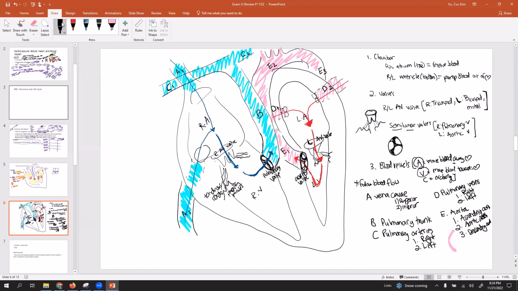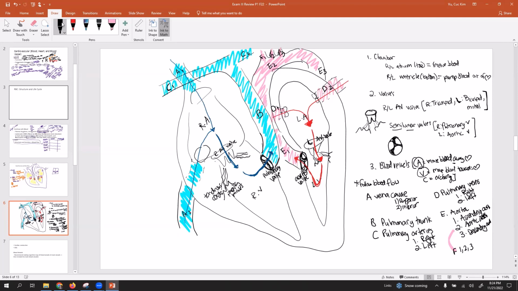So I'm going to call those F1, F2, and F3. What's F1? Brachiocephalic trunk. Yep. F2? Left common carotid. Yep. F3? Left subclavian. Oh, you make me so happy.